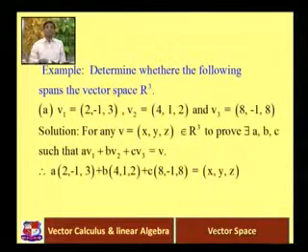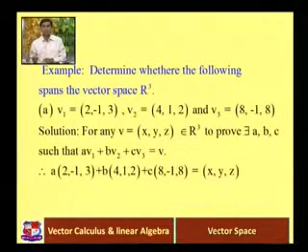If the determinant of these three vectors is 0, definitely these three vectors do not span R3, and if the determinant is non-zero, that means it is linearly independent, then these three vectors span R3. You can check.